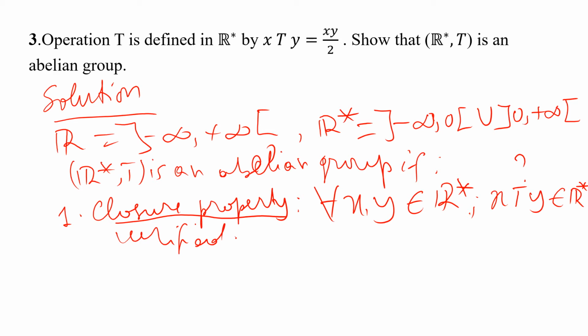It is verified because for any element, you see that xTy is equal to xy over 2, for any element of R star that we replace x or y, we also get an element of R star. For any element that we replace x and y, we are able to get an element of R star. Then this property is verified.